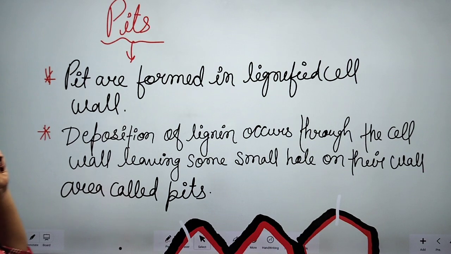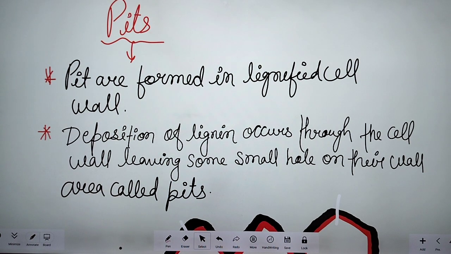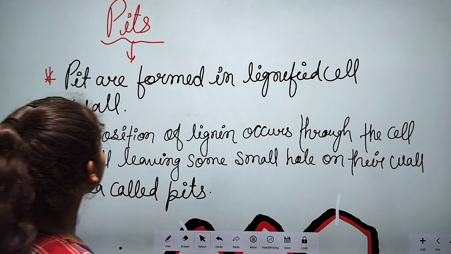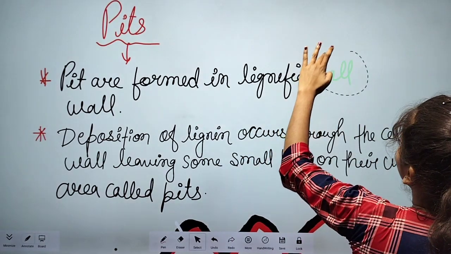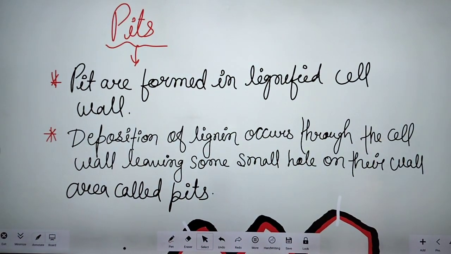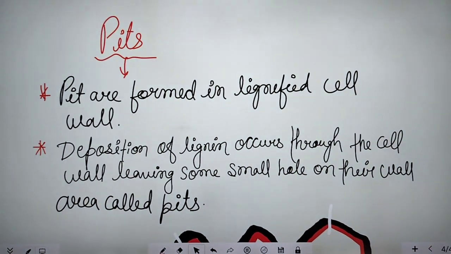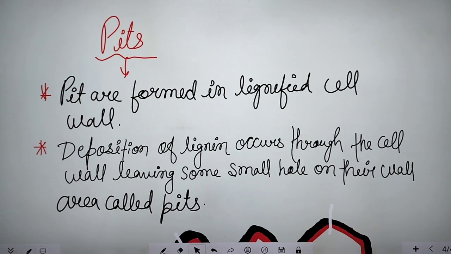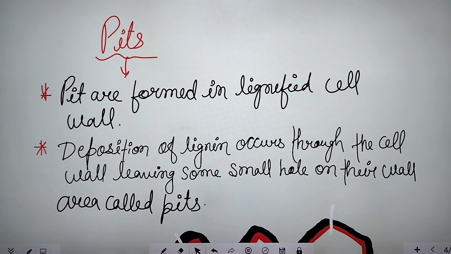So the pits are formed in lignified cells, only where there is a lignified cell wall. The deposition of lignin occurs through the cell wall, leaving small holes on the wall area called pits.